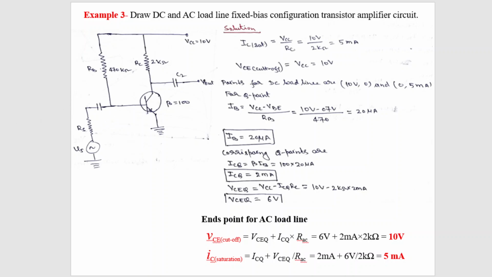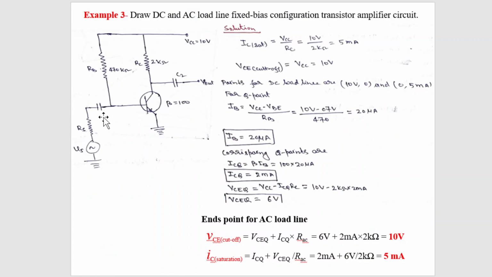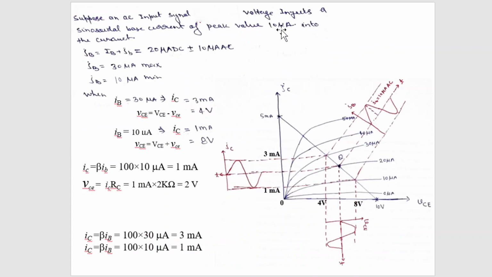The peak value of this sinusoidal base current is given as 10 microampere. Then what will happen? How the amplification of this signal will be done, we can understand by this numerical problem.